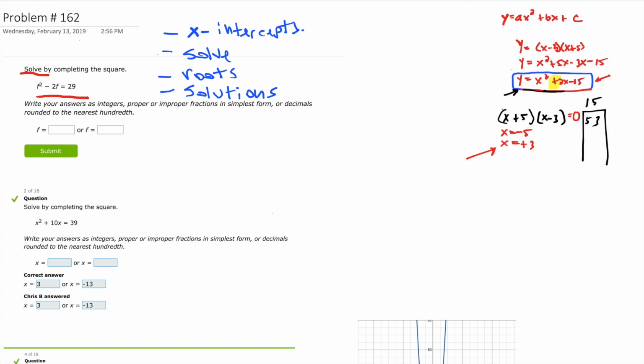And the original equation that we used for completing the square, for this solving, was y equals x squared plus 2x minus 15. Okay. Now we're going to use the quadratic formula.